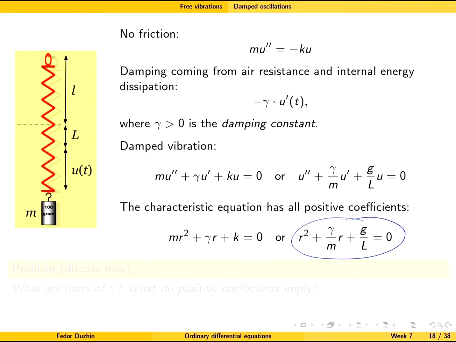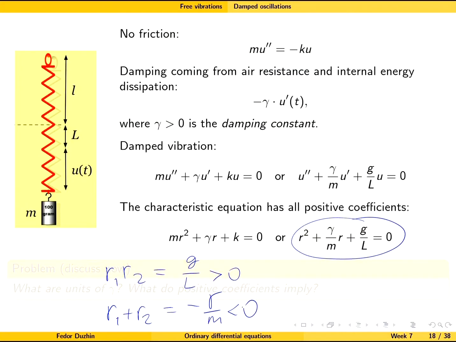This means that the product of the two roots is going to be a positive number, which means that these two roots are either real numbers with the same sign, or they may be complex numbers. And the sum of the two roots is minus gamma over m, which is a negative number, right?